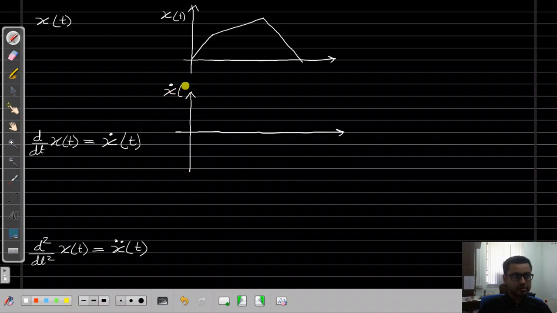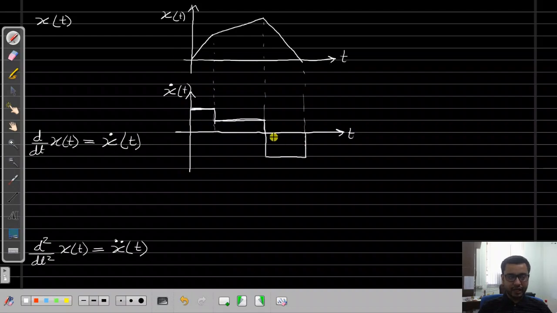X dot. So in this region the derivative is positive and has some value. Next, within this region the derivative is still positive constant but has a lower value. Then in this region the derivative is negative, like this. So this is how the derivative of x(t) looks like.